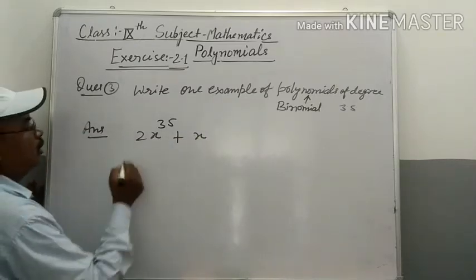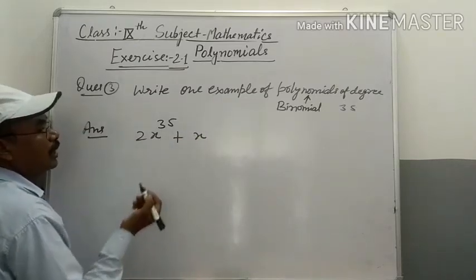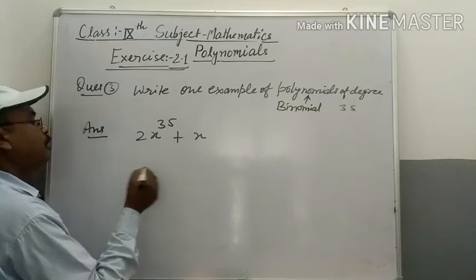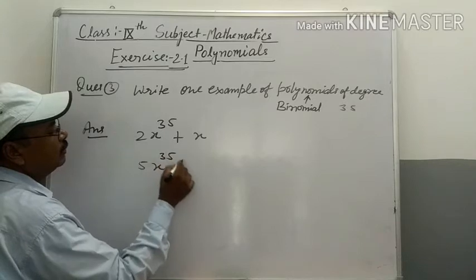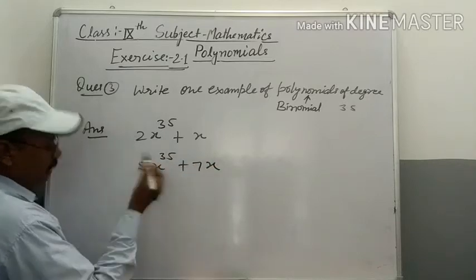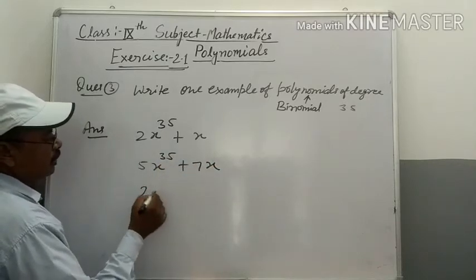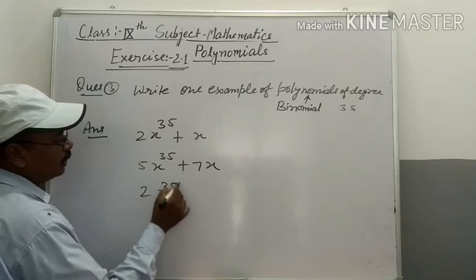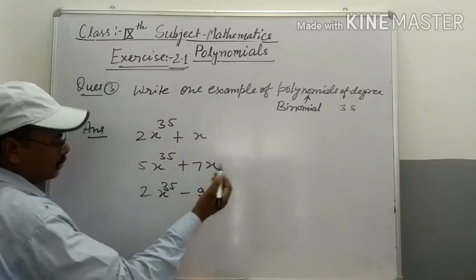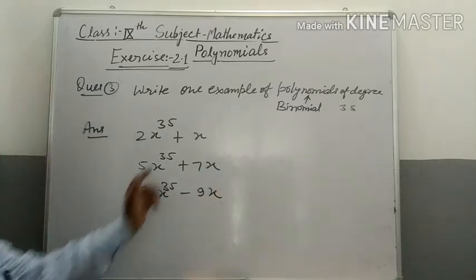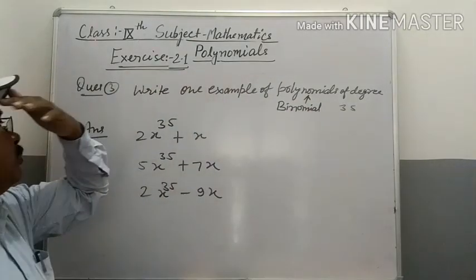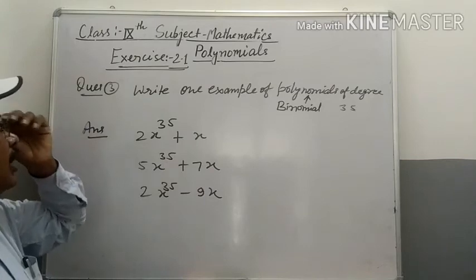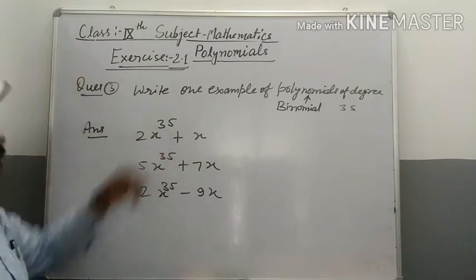Yeah, you can take other example. You are arbitrary. आप अपने से अच्छा कोई भी example ले सकते हैं. 5x to the power 35 plus 7x. Yeah, you can take next example 2x to the power 35 minus 9x. A lot of examples you can select. The degree of binomials of the variable is 35.